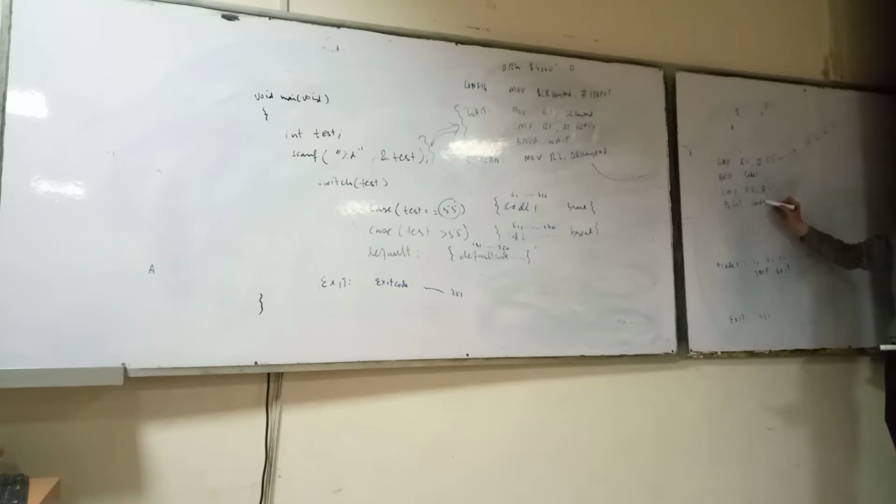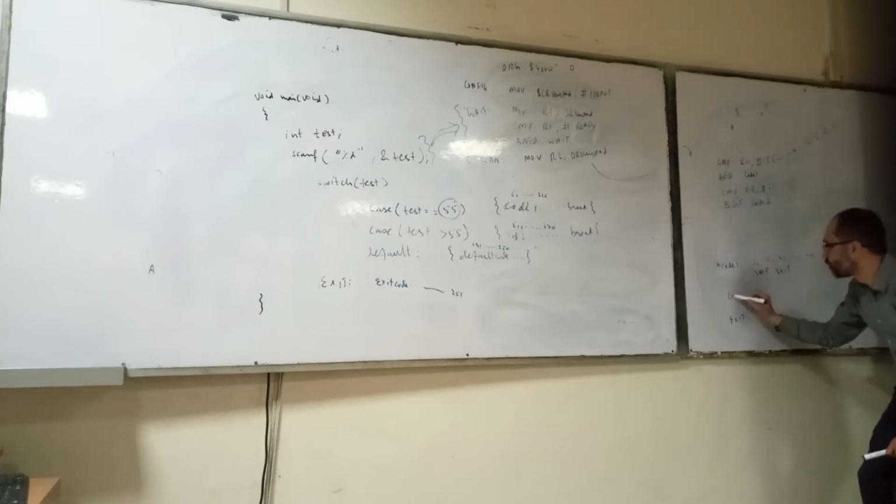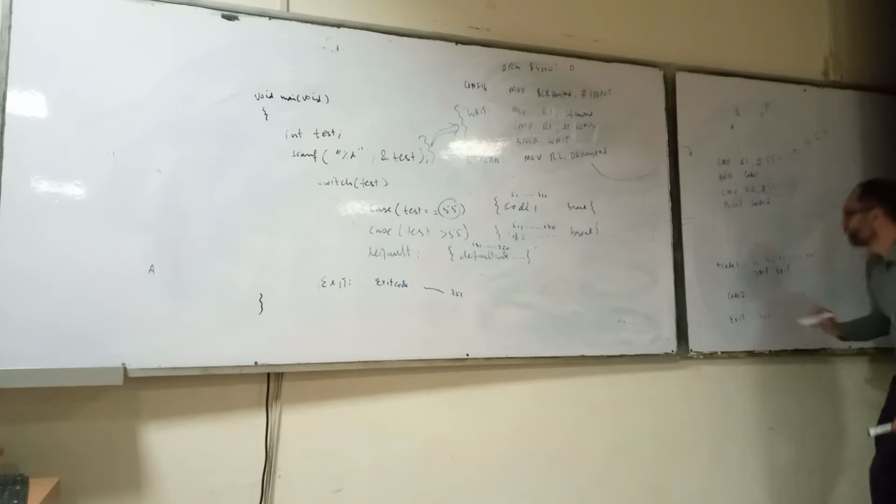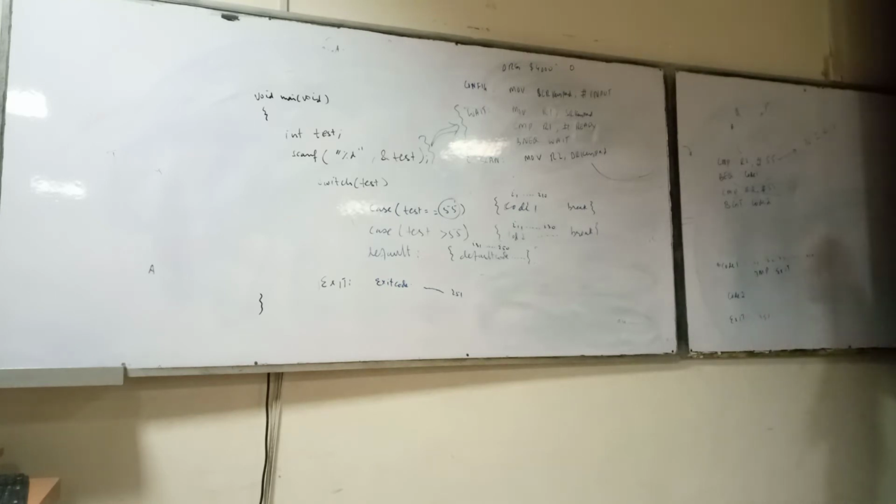So you can directly use BGT code 2. And then we can define some label, code 2. What is the first instruction of code 2? I11, I12 up to I30. BGT code 2.